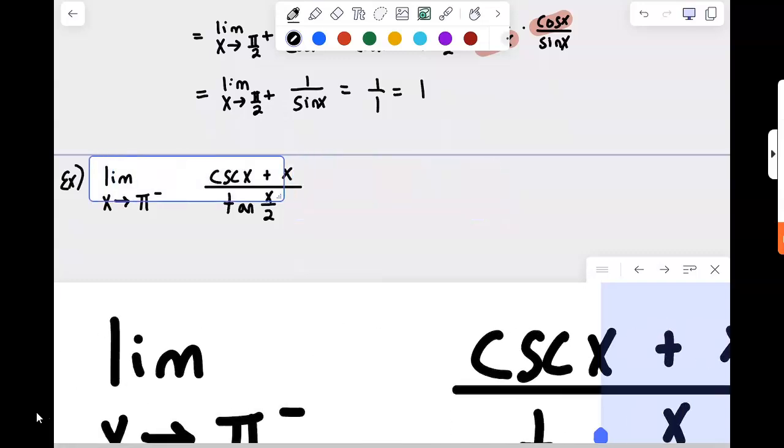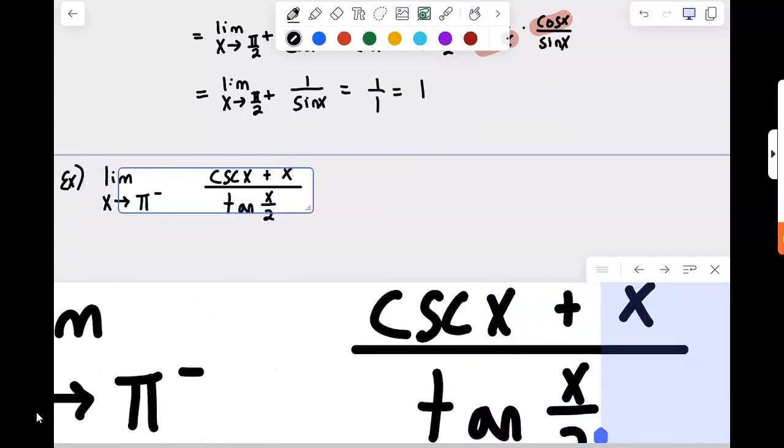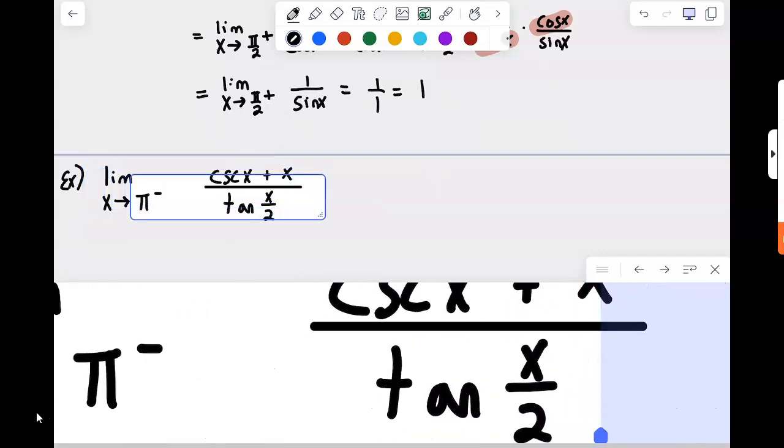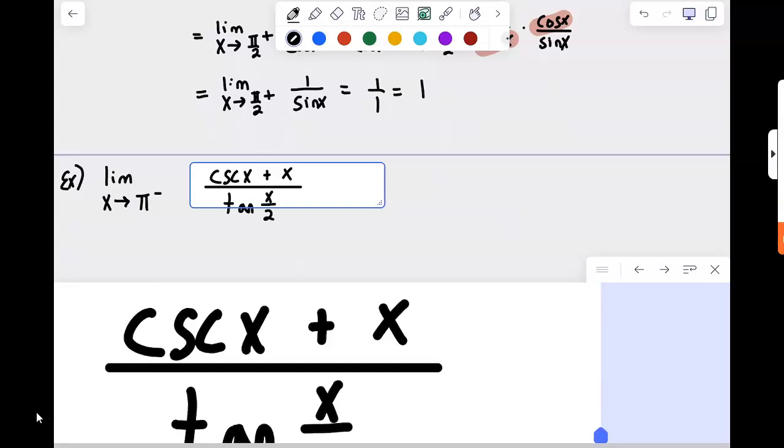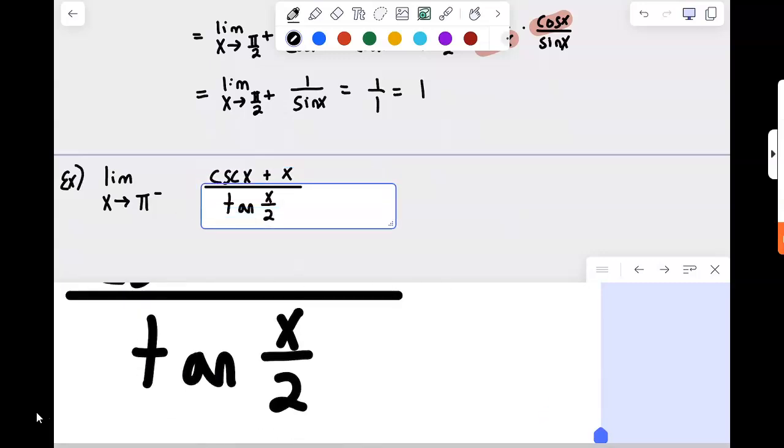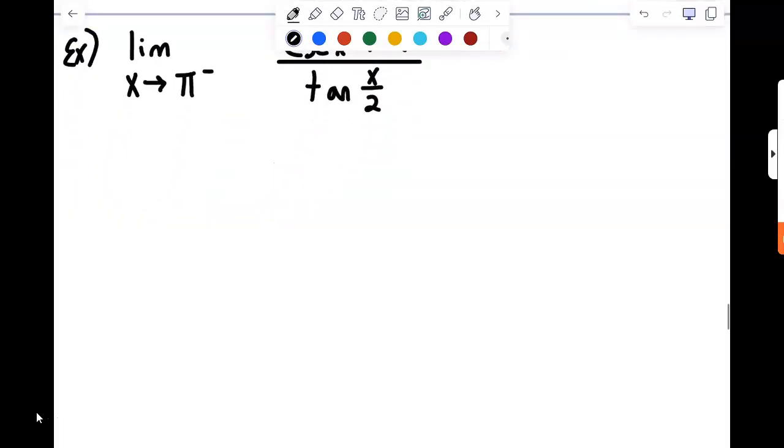So this is the limit as x approaches pi from below of cosecant x plus x all over tangent of x over 2. So let me draw in my unit circle here because I want to think about what values we're taking on here as we approach pi.